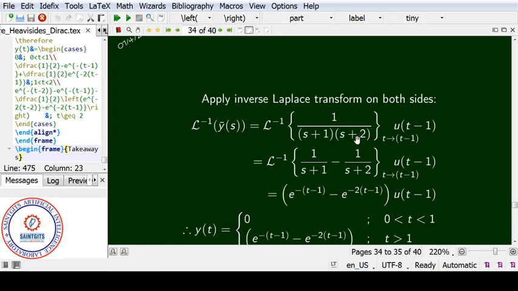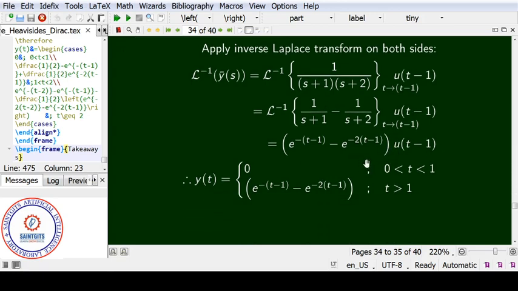Then replace t by t minus 1. So we got e raised to minus of t minus 1 minus e raised to minus 2 into t minus 1. Instead of t I put t minus 1. So this is the result.